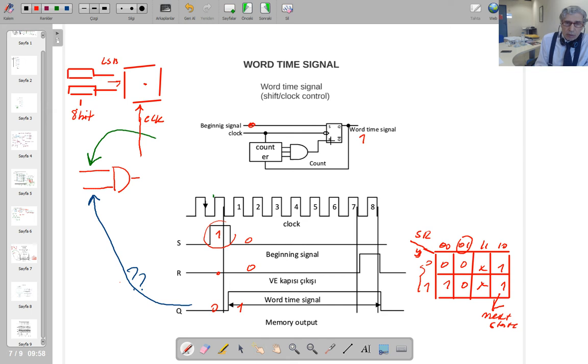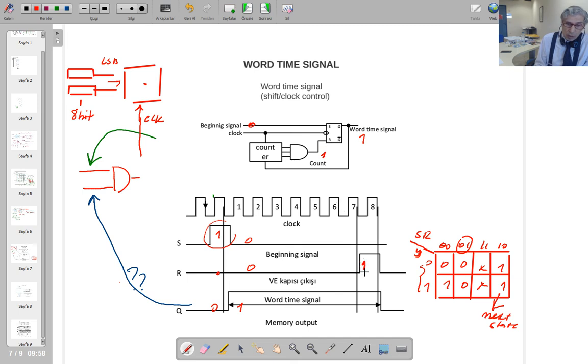The R value comes from the output of a counter. This counter is a 3-bit counter. So when the count is 7, the AND gate output is going to be 1. When the 7th clock pulse comes, my counter is going to show 7, and my AND gate output is going to be 1, which is also the R input.